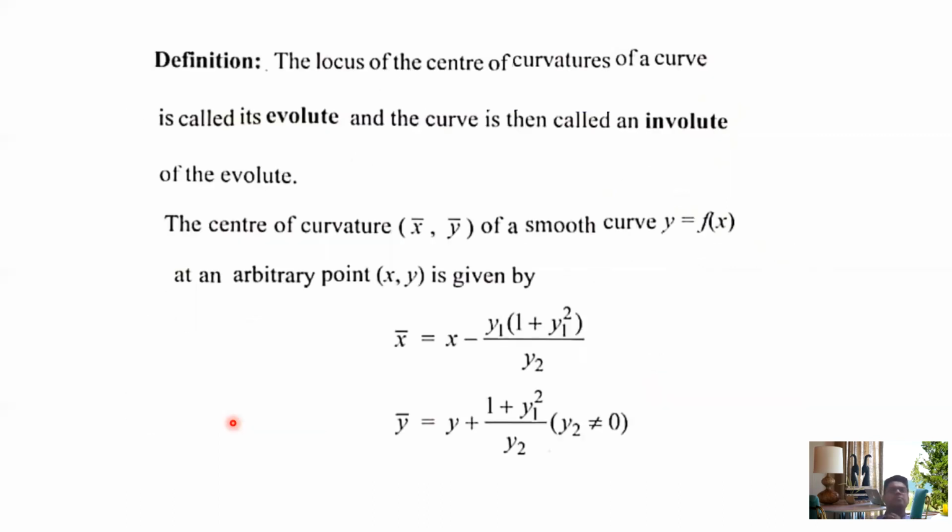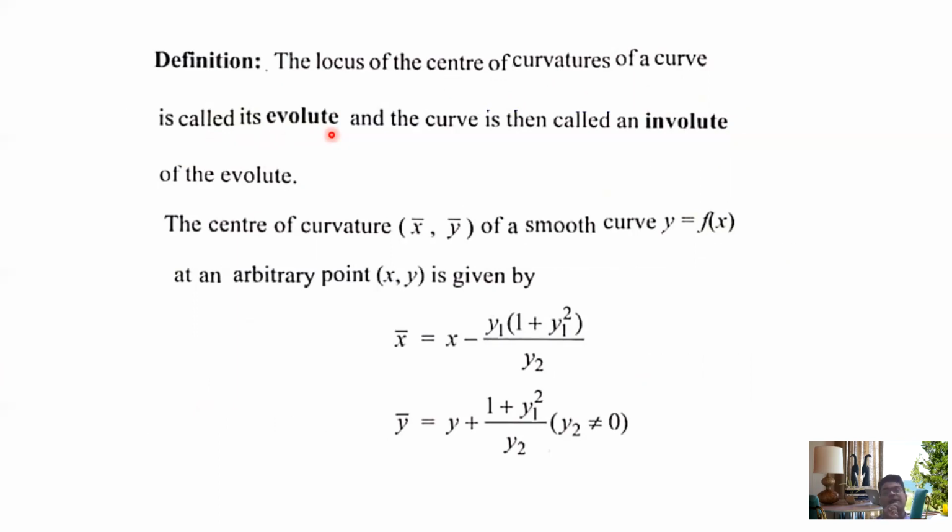Next, evolute and involute. The locus of the center of curvature of a curve is called the evolute. I repeat once again.